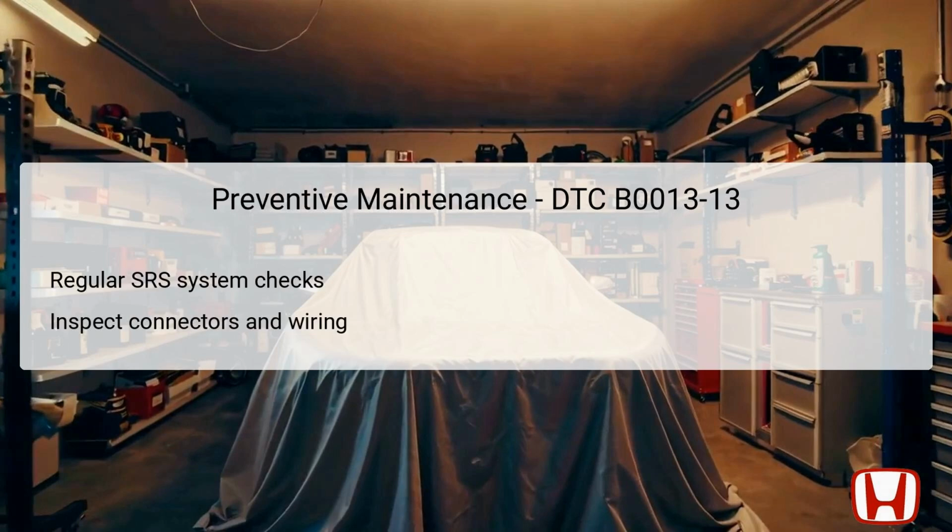Preventive maintenance is essential for ensuring the reliability of the SRS system in the vehicle. Regular checks can help identify any wear or damage to the airbag components before they lead to significant issues. Technicians should routinely inspect the connectors and wiring associated with the front passenger's knee airbag to ensure that they remain intact and functional.